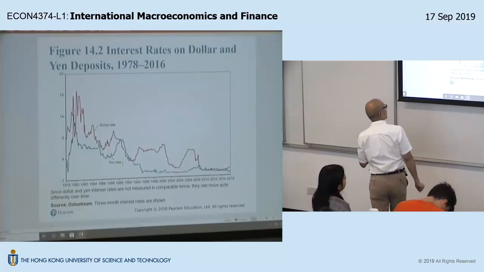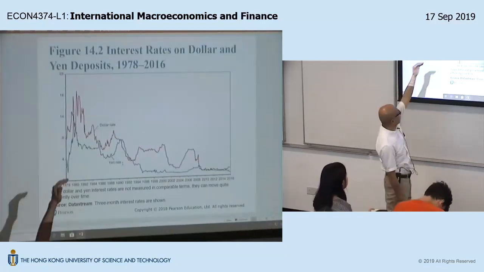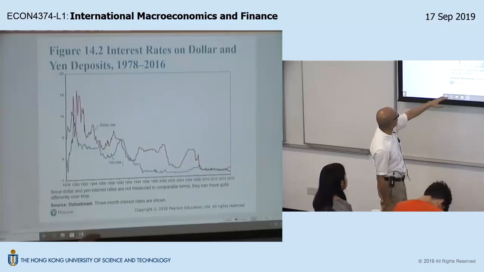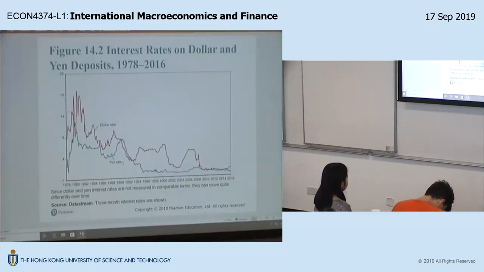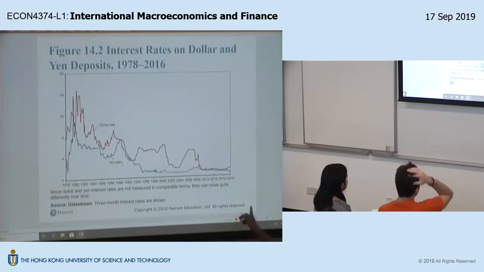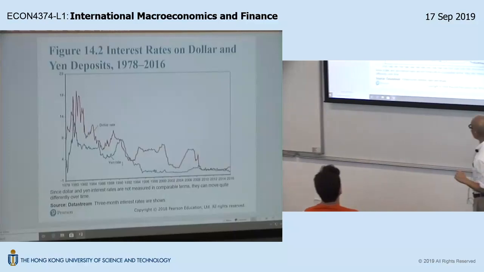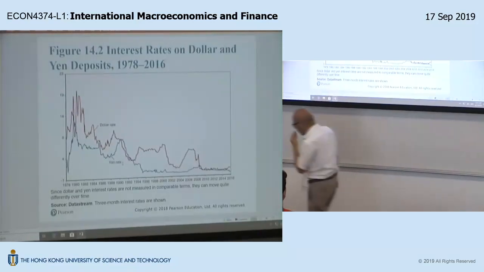Sometimes the dollar gives higher interest rates. Actually, most of the time, it looks like the dollar gives you higher interest rates. And this is for the past many years, something like 30 years, or even close to 40 years.